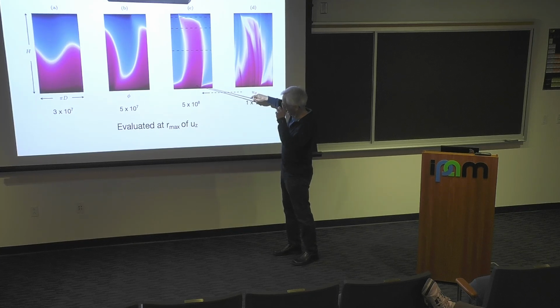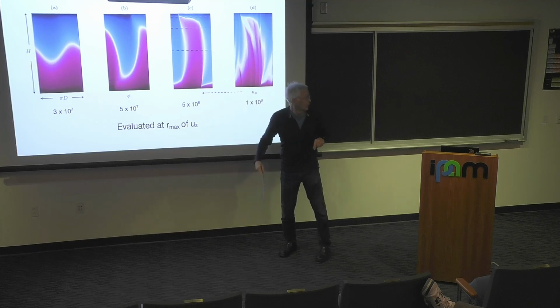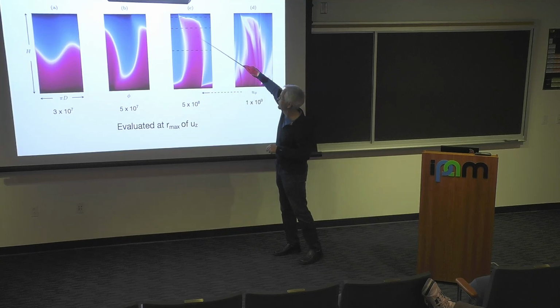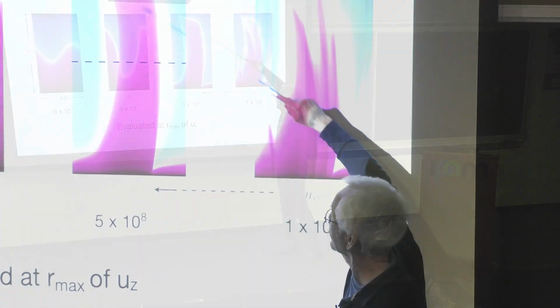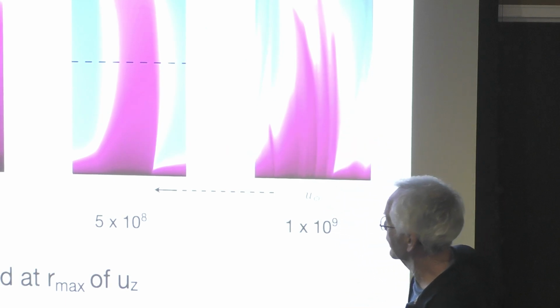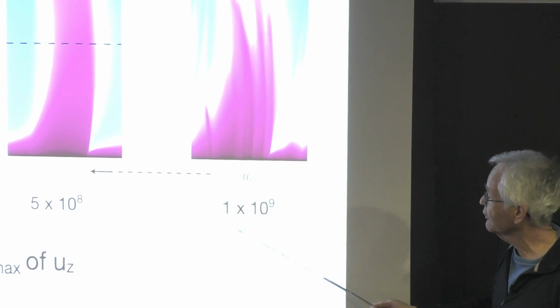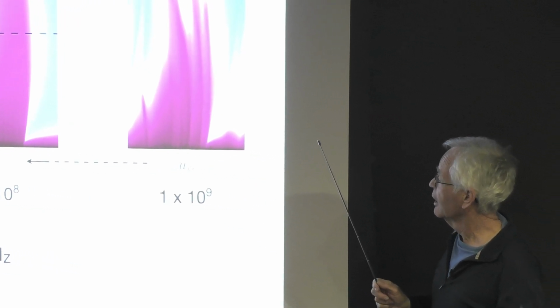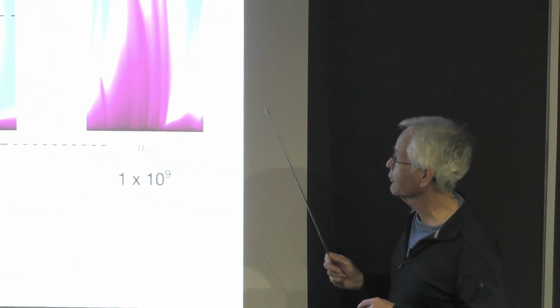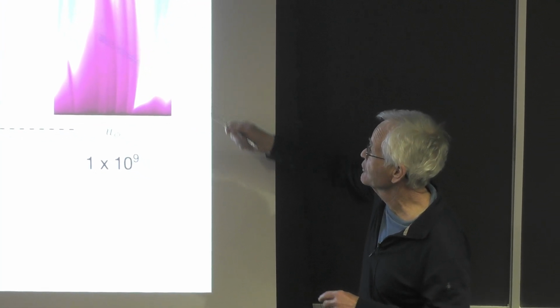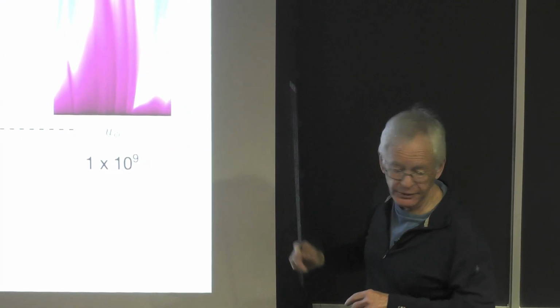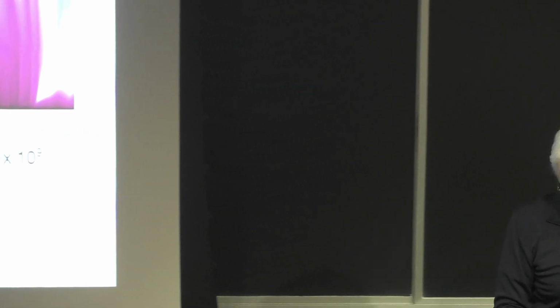When I come back to conducting wall modes, I'll talk about this a little bit more. But you get this huge deviation, hot stuff going up there, cold stuff going down there. It's very asymmetric. And by the time you get to just about the onset of the bulk state, you get these striations that permeate the wall region.